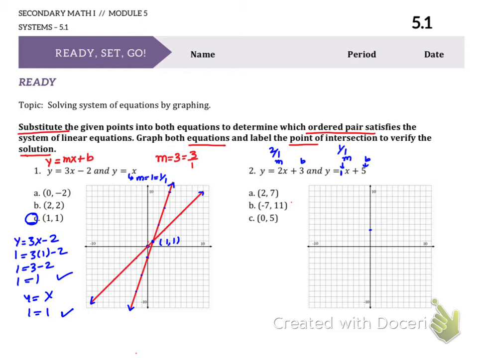So 2 over 1 means I go up by 2, run by 1, up by 2, run by 1, up by 2, run by 1. Same way I can go backward, left by 1, down by 2, left by 1, down by 2, and so on.